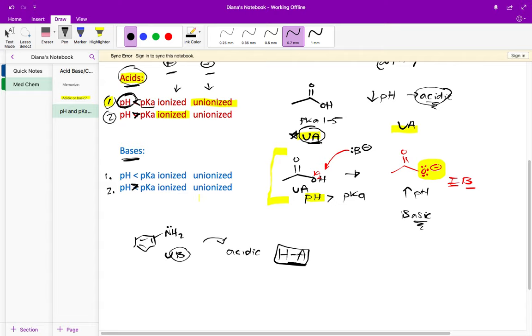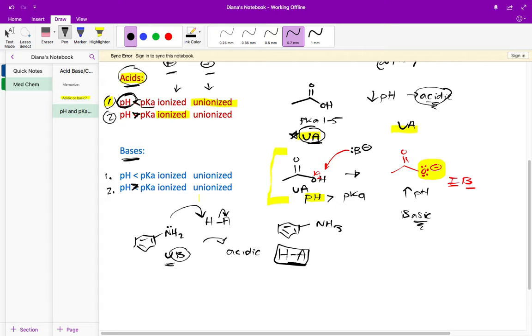In other words, will that unionized base remain unionized? No. That base is being put in an acidic environment. It's attracted to that acid. It's going to grab a proton, and it's going to become its ionized form.